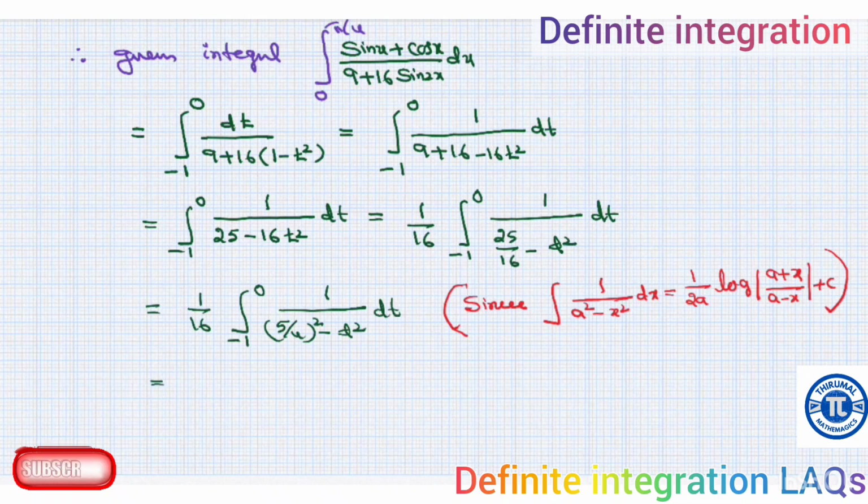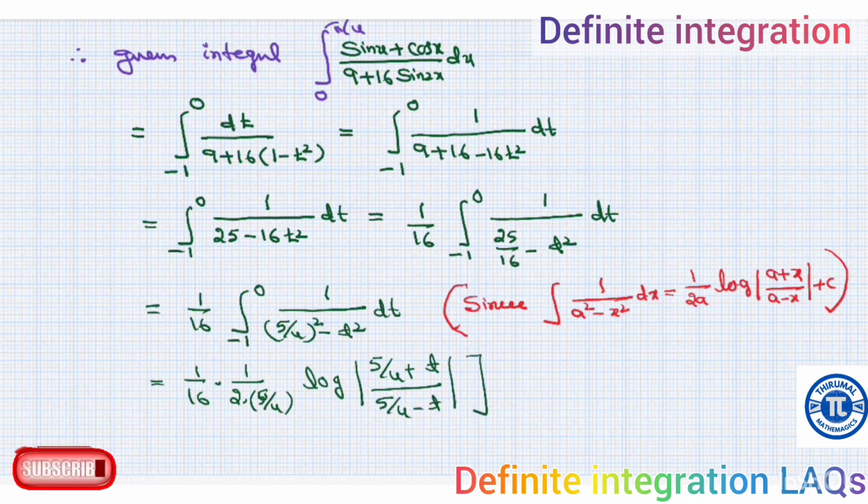Here it is 1 by 16 into 1 by 2a, with a equal to 5 by 4, log of mod (5 by 4 plus t) by (5 by 4 minus t), with limits minus 1 to 0.